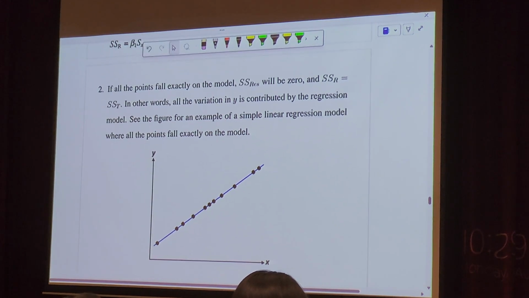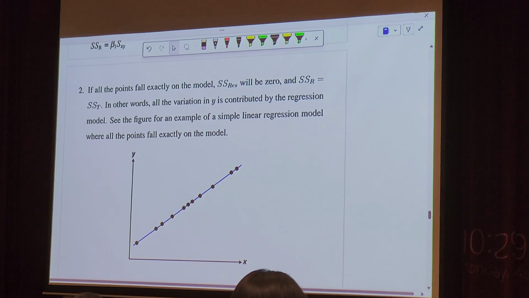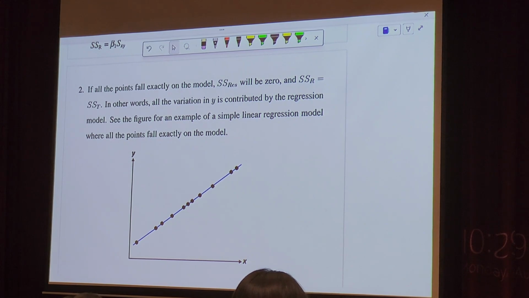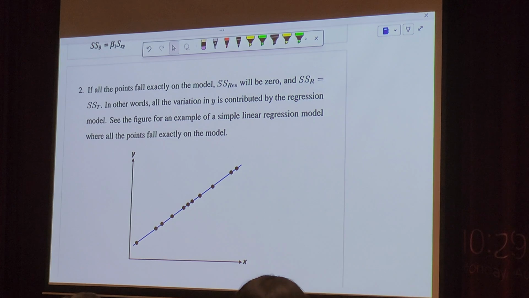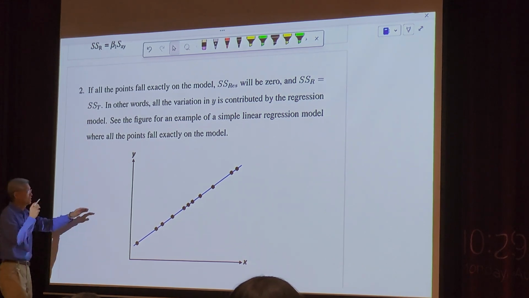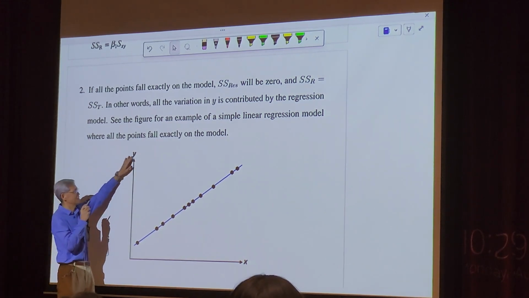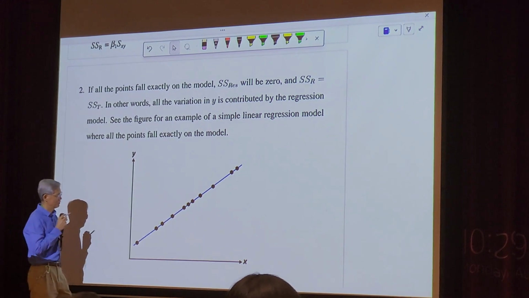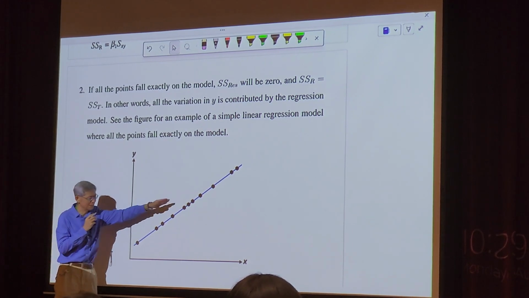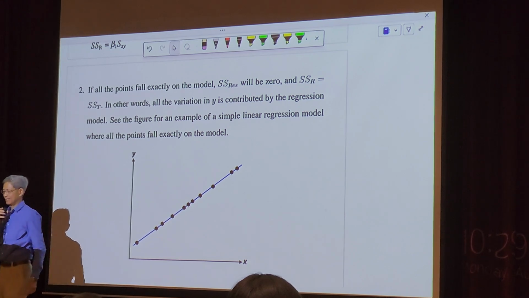Well, let's look at a case. Let's look at case 1. In case 1, I have x on the horizontal axis. I have y here, so this is my response. And this is the data that I collected.